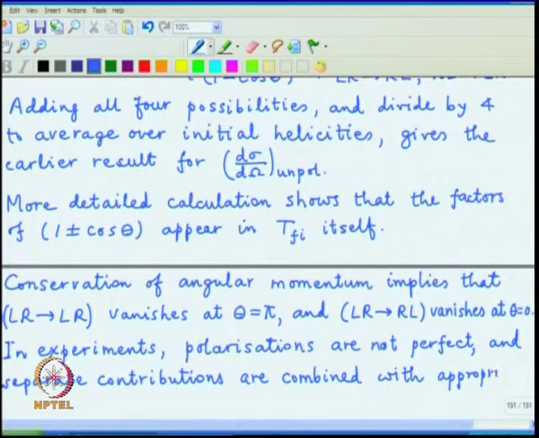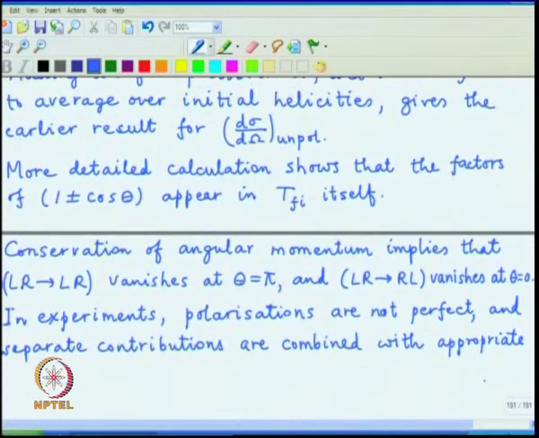So, one can actually go all the way from the unpolarized case, where there are no weight factors, or rather the weight factor is uniform for all possibilities, to partially polarized, where some contribution is more than the other, to totally polarized, where one particular contribution dominates over everything else.